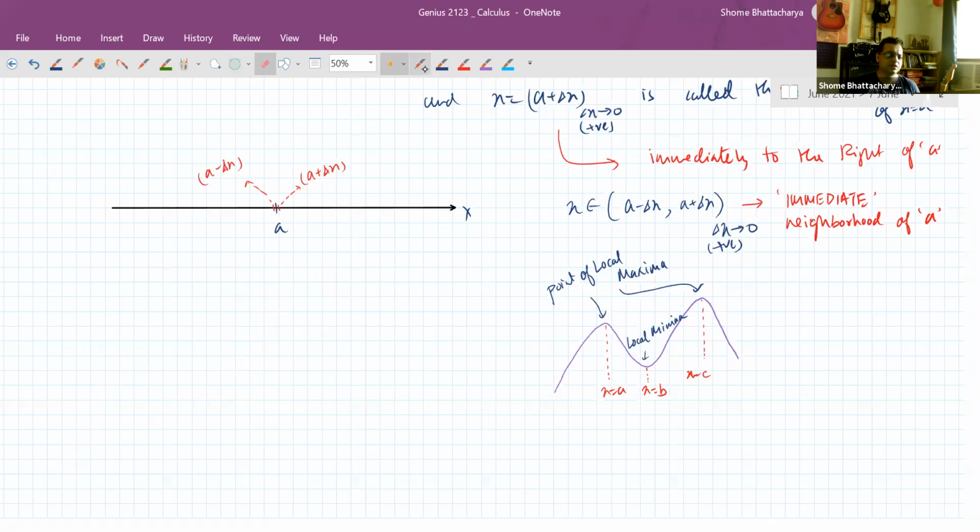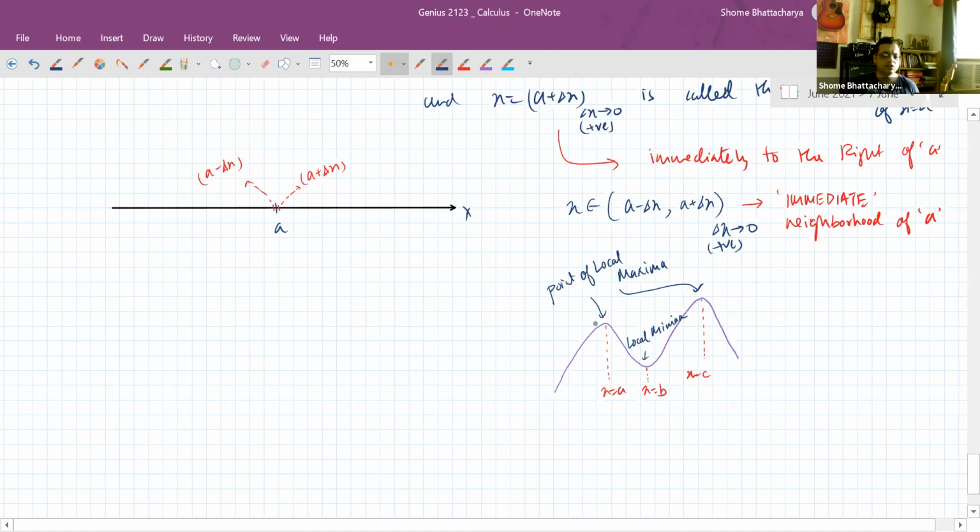Like the easiest example is any periodic function like sine x or cos x. The global maxima is equal to +1 and it occurs at infinite values of x. And they are all also points of local maxima. So now we can define local maxima and minima from a graphical point of view.